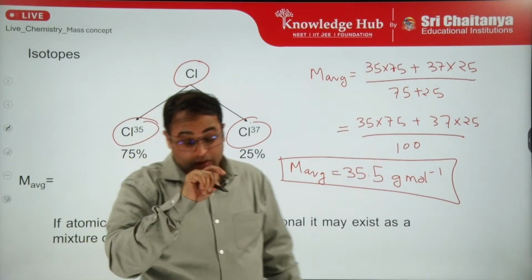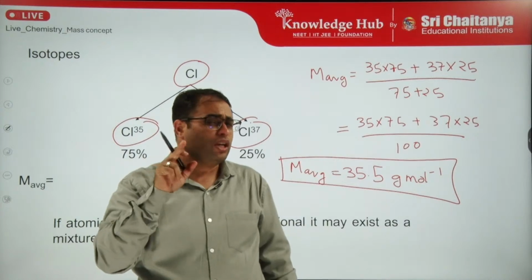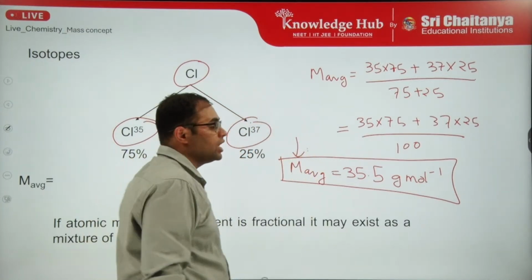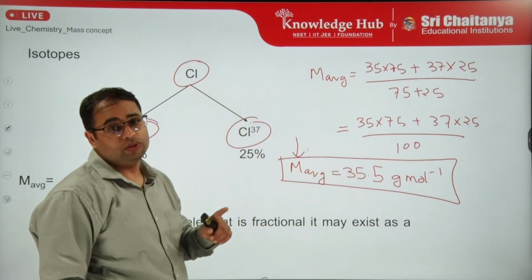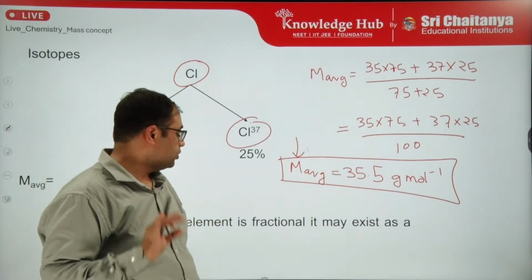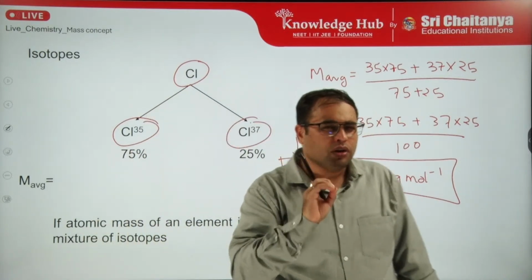Yes. The chlorine's mass or molar mass that we have written in that table is not the actual mass. It is actually the average mass that we have written. And it is this average mass that henceforth you will use in all your calculations regarding chlorine, right? So this brings me to an important conclusion.